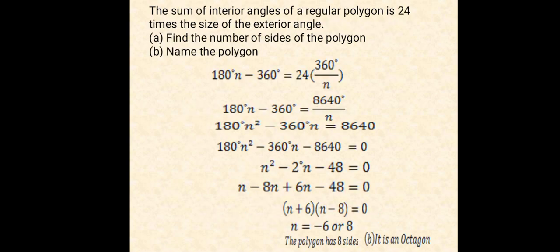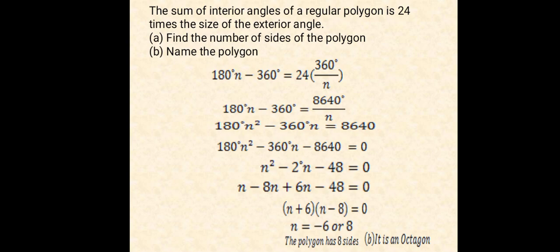The sum of interior angles of a regular polygon is 24 times the size of the exterior angle. Find the number of sides of the polygon. Name the polygon. Now here we shall relate the formula that the sum of all the interior angles of a polygon is 180 degrees n minus 360.